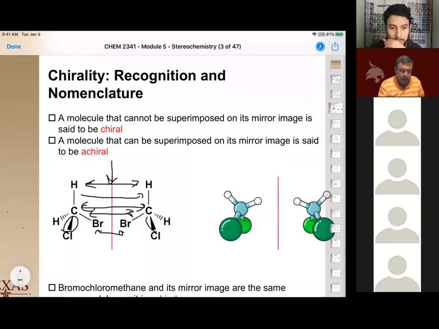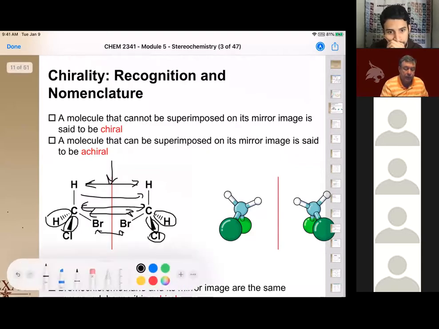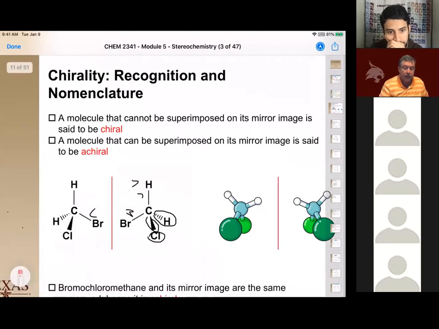That dashed wedge right here indicates it's going behind the screen, or behind the plane of the paper. Okay, so that hydrogen's going away from us. And we have that same thing over here. Okay, so using that simple test of going from the center out, you should be able to prove to yourself that these are definitely mirror images of each other. Okay.